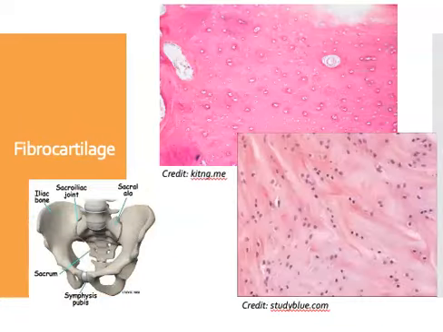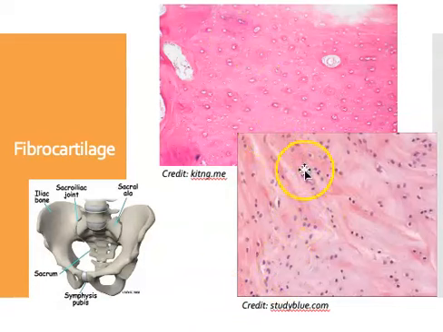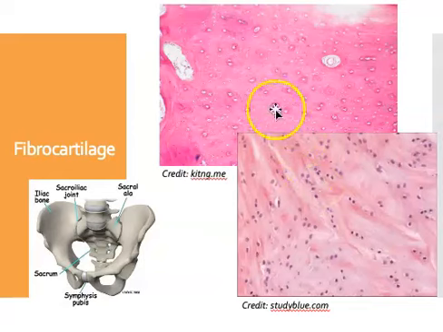Compare that to the two images on this slide, which are fibrocartilage. Now, these images were taken at a lower magnification, so the cells look smaller here. But what's more important is the appearance of the extracellular matrix. It has a much different look. It looks more fibrous.